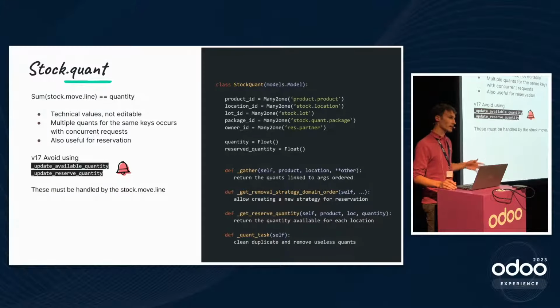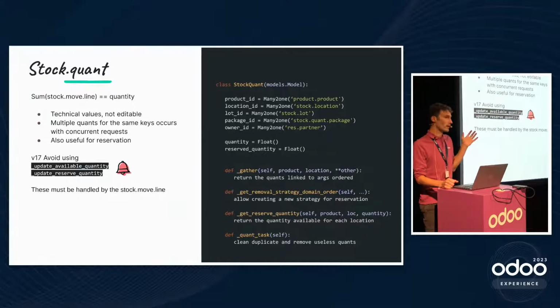As it's a cache and it was created for performance reasons, we try to merge every quant that has the same 5 keys, add the quantity and merge the value, and we also remove every quant that has 0 quantity. For instance, if you empty the stock for a customer and the quant equals 0, a cron will erase it to have as few quants as possible.